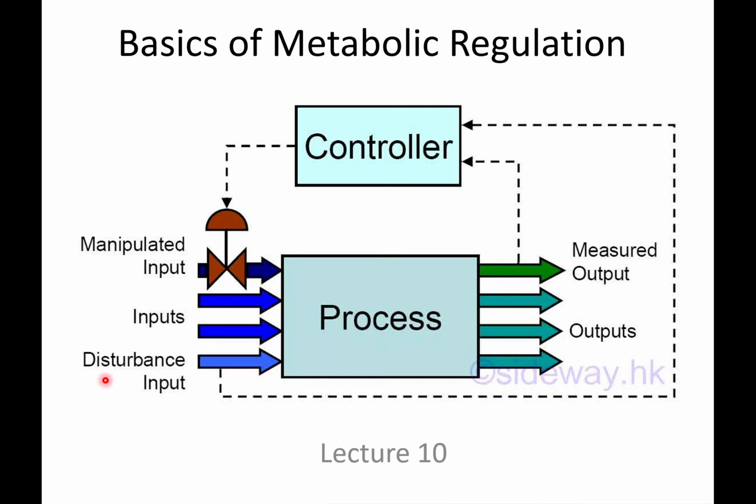And this is sort of the general scheme that's followed in metabolic regulation. When you have a product that's further down the pathway, it sort of feeds back and controls an earlier step in the pathway.